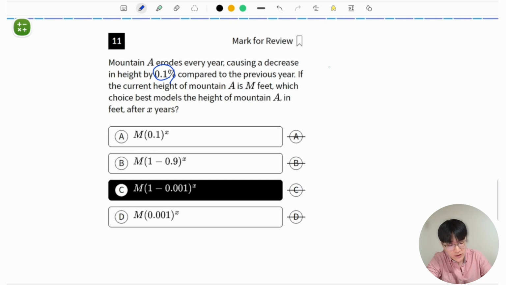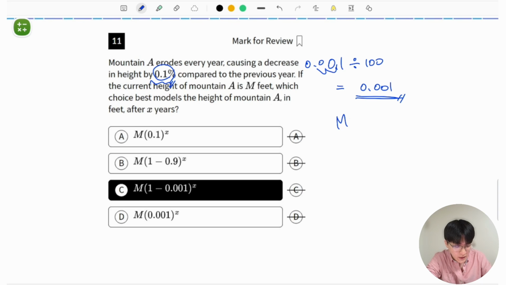And how do we do that? We divide 0.1 by 100. And I know that is just moving the decimal places 2 to the left, and that is just equal to 0.001. And so what we want to do is, if this is decreasing by 0.1% out of the initial value, which is m, we can multiply the ratio of 1 minus 0.001, and x represents the years, and that will represent the total height of the mountain.